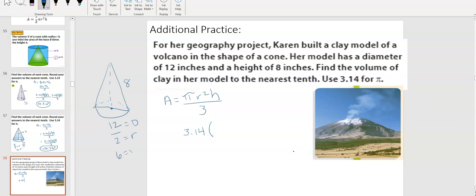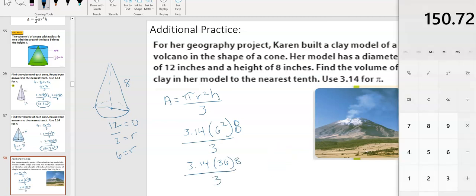So I'm going to get 6. 6 squared times 8 is my height, divided by 3. 3.14 times 36 times 8 divided by 3. And I'm just going to use that calculator here. 3.14 times 36 times 8 divided by 3, and I get 301.4.